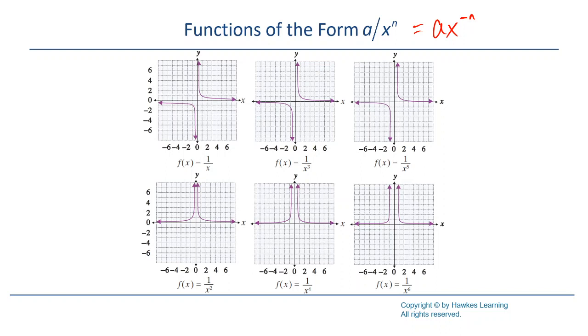So for the first line, these are 1 over x, 1 over x cubed, or you can think about it as x to the negative 1, x to the negative 3. You get the idea. The domain for this one is negative infinity to 0 with a parenthesis, and then union 0 to positive infinity.